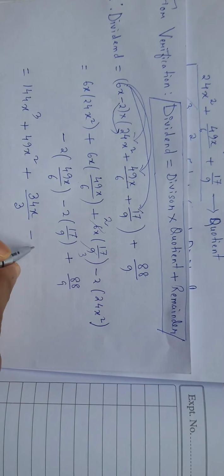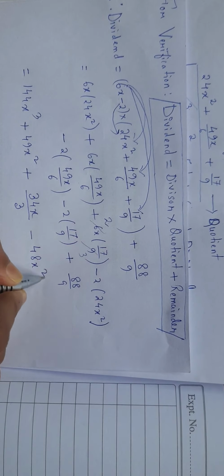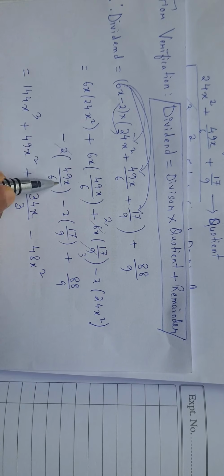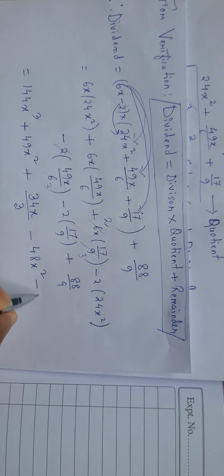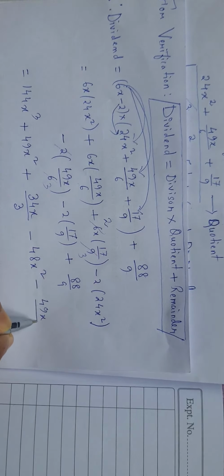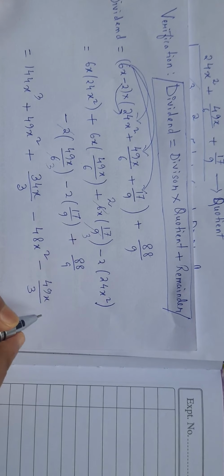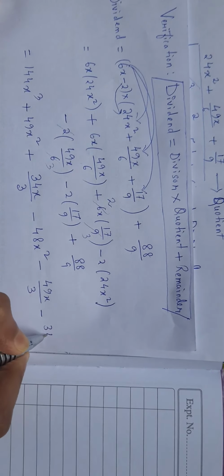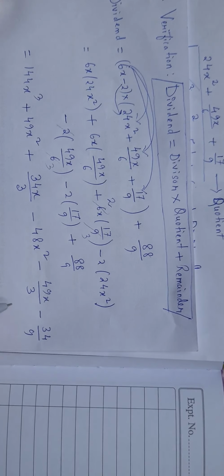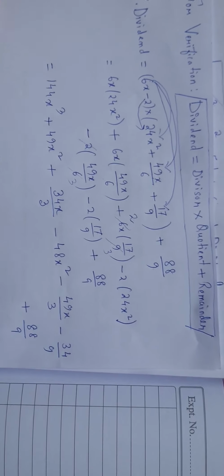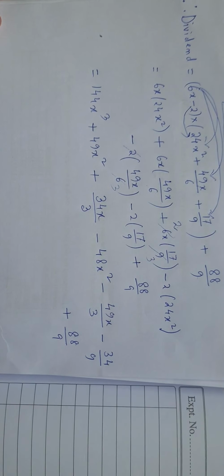Minus 2 into 24 is 48x square. Then here 2 can cancel 6 3 times, so it will be minus 49x by 3. Minus 2 into 17 is 34 by 9 plus the remainder, which is 88 by 9.